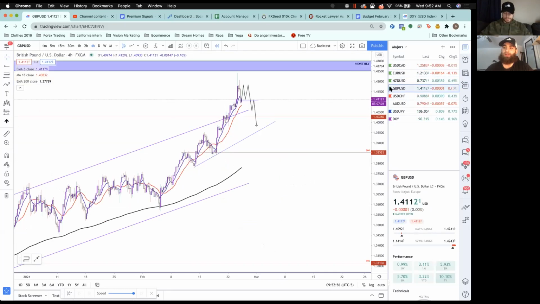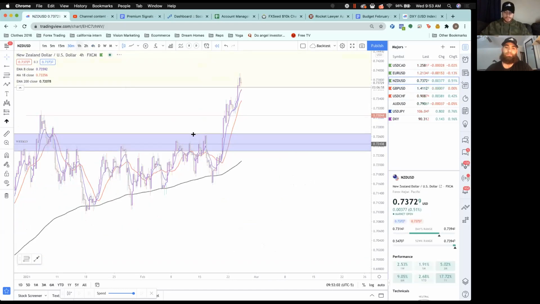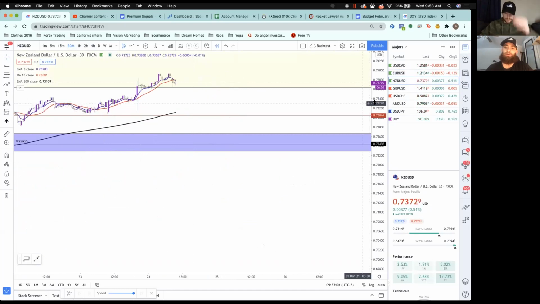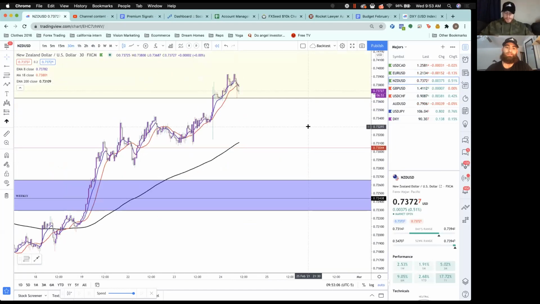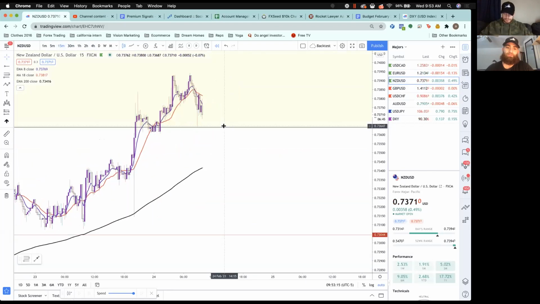GU is not anywhere really near entry, so I'm going to take that as red. So NU, what would we have to see? I would be fairly aggressive with this one considering how high we are right now. We just had this double top right here. So even if we came down to a lower time frame, there's nothing significant breaking yet.